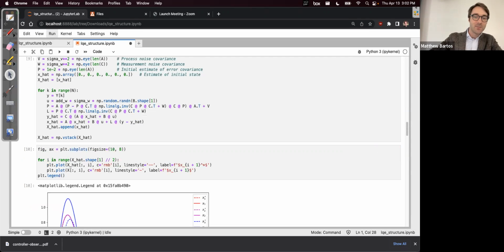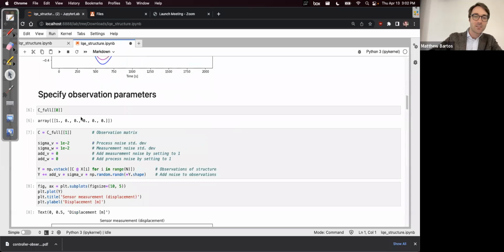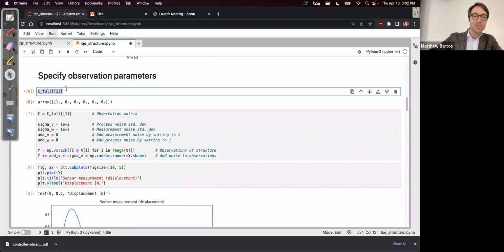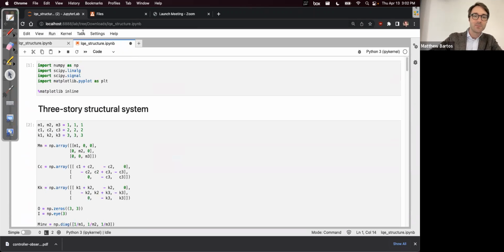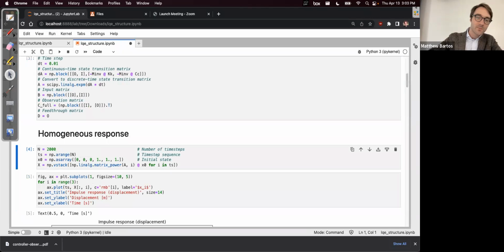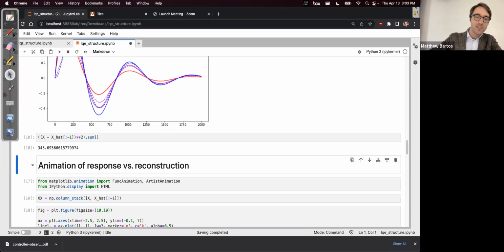All right, so the first floor gives us a total squared error of 345.